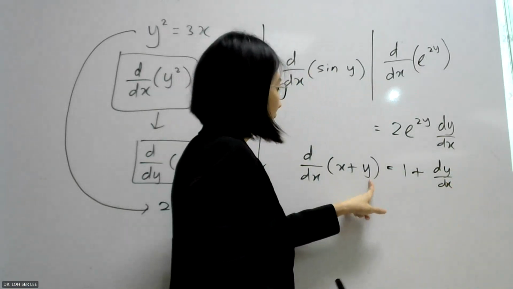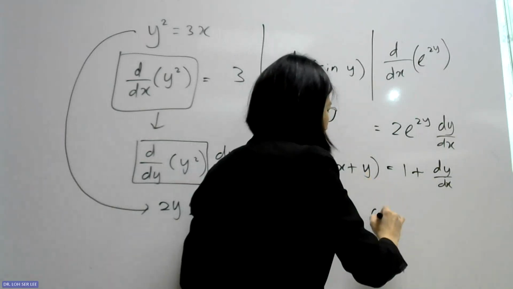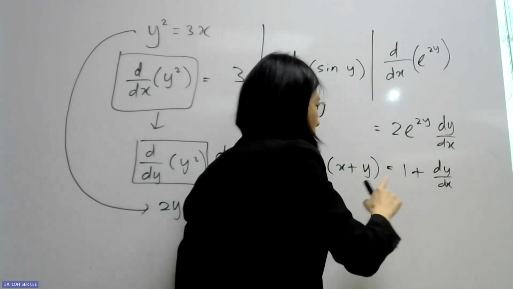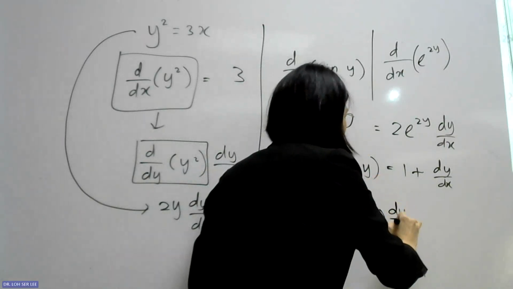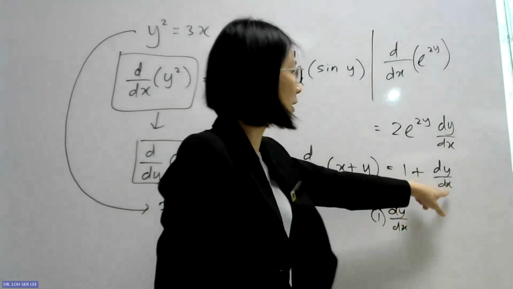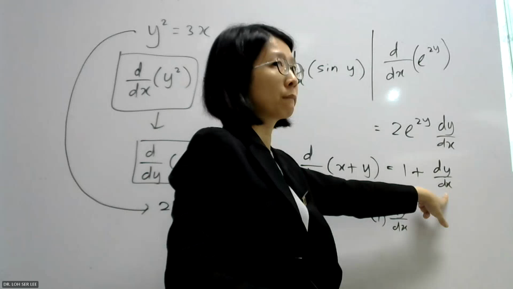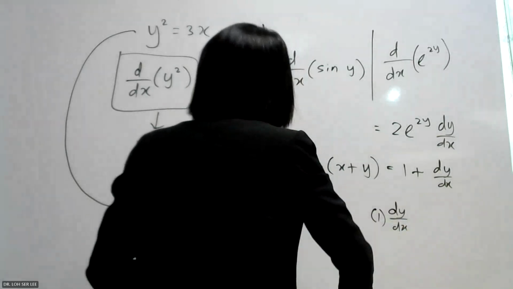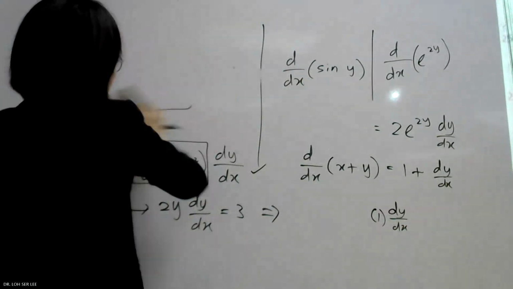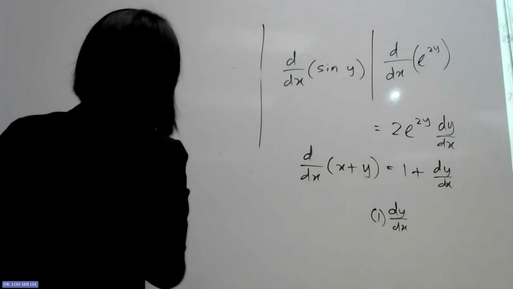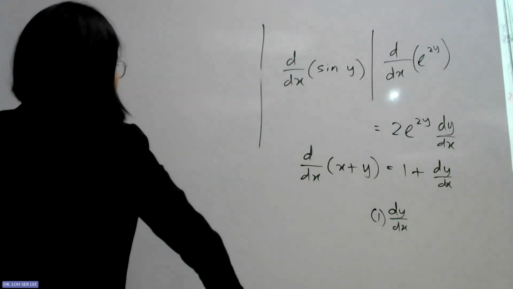Differentiate y with respect to y, you get 1. But because this is y, not x, you have to insert one more term dy dx. That's why you get the dy dx here. You need to be familiar with all this.